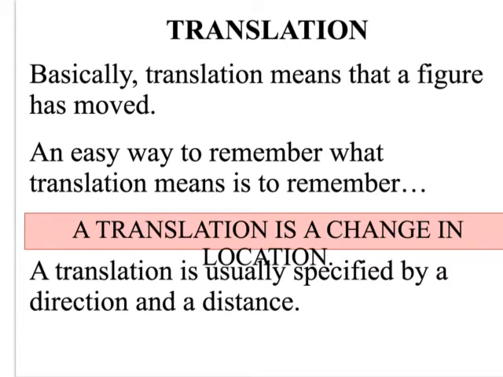It's usually specified by a direction and a distance. So usually they'll say you're going to move to the right and they'll draw a little arrow, saying you're moving this far in that direction. Translation is a slide. All you're doing is taking the image and sliding it over one way.